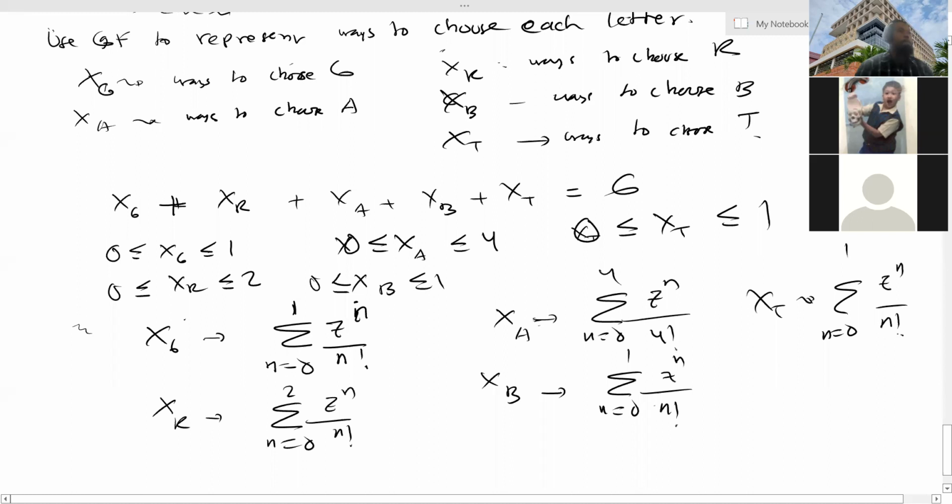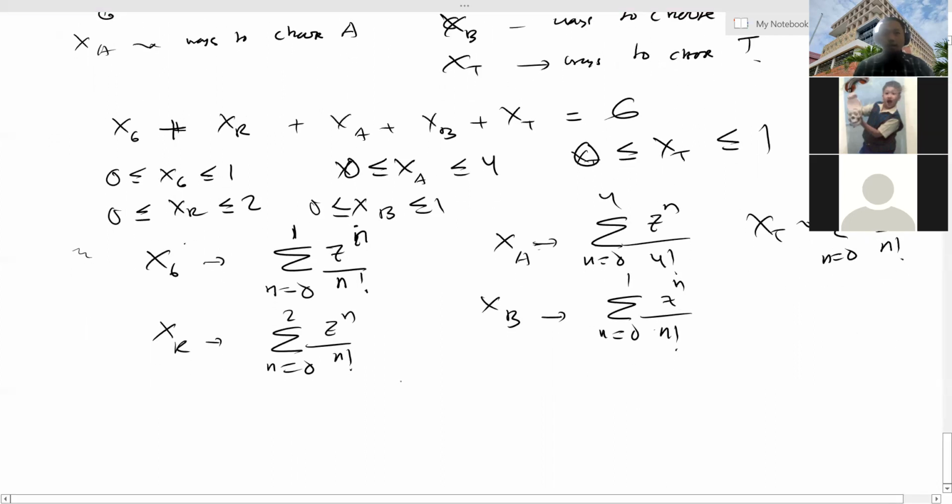XB is the sum from n equals 0 to 1 of z to the power of n over n factorial, and finally XT is the sum from n equals 0 to 1 of z to the power of n over n factorial. So now the result, the count here, is XG times XR times XA times XB times XT.